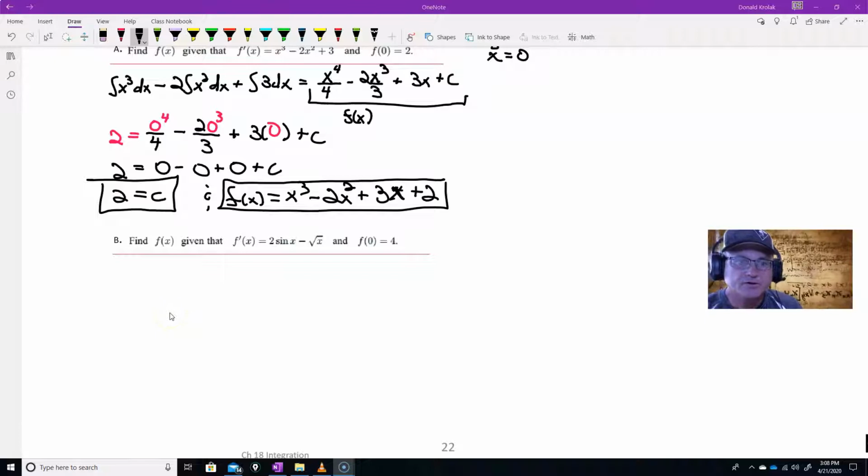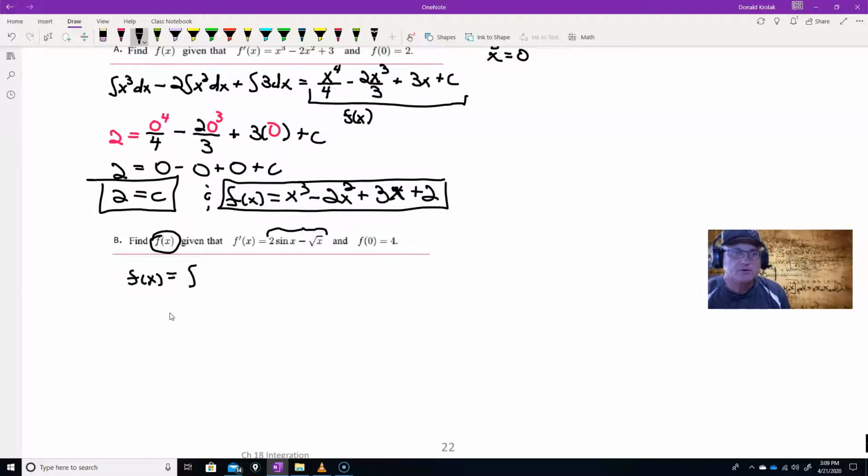So if we integrate this, the integral of that is going to equal the original function. So I could write it like this, okay? The original function, f of x, is equal to the integral, and we'll just split this up while we're at it, okay?